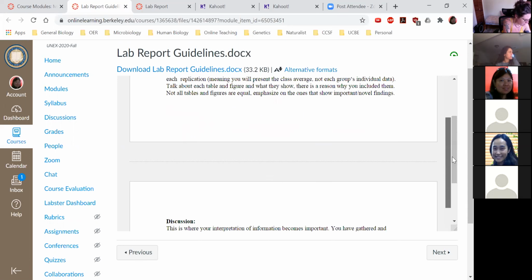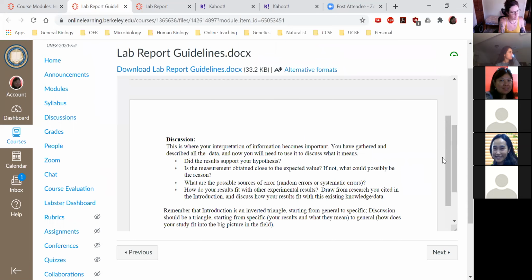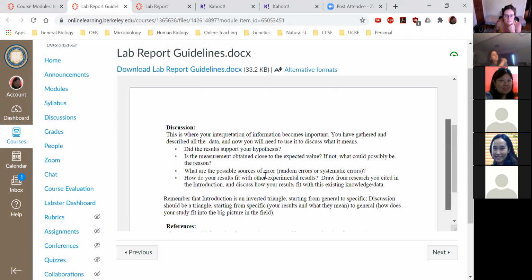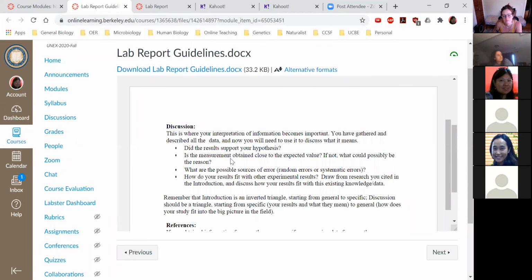And then in the end, you have a discussion. In addition to just presenting the data, you want to really interpret the data. What does it mean from a big picture viewpoint? This is where you talk about your result. Remember, we started with a hypothesis. Did your result support your hypothesis?